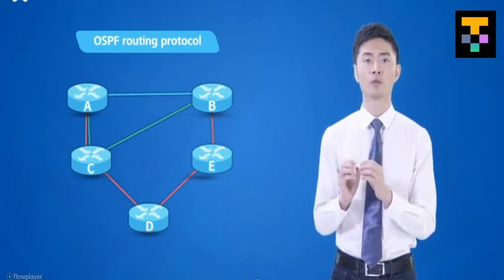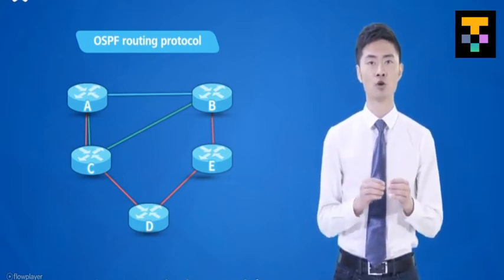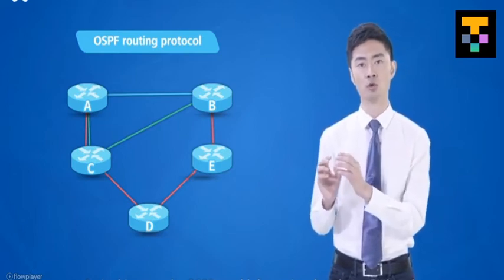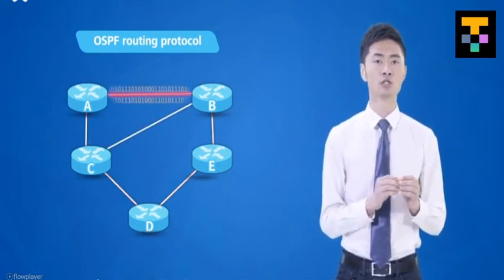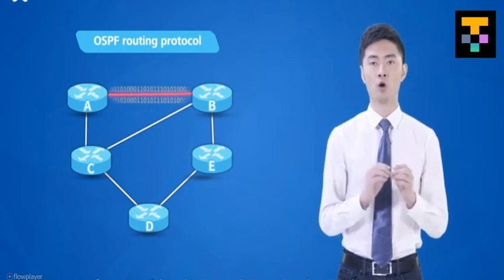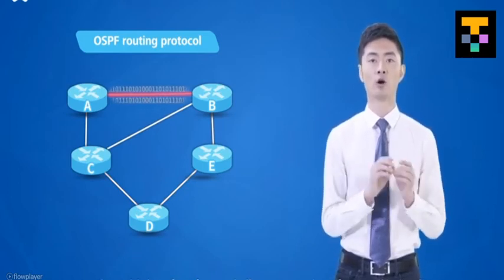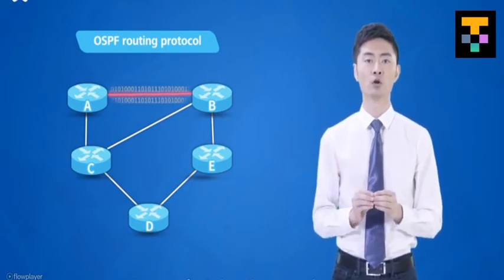It computes the shortest path from a source to a destination. So in this example, OSPF would determine that the path directly from A to B has the lowest length overhead and is the shortest, and would therefore forward all service packets from A destined for B along that one path.